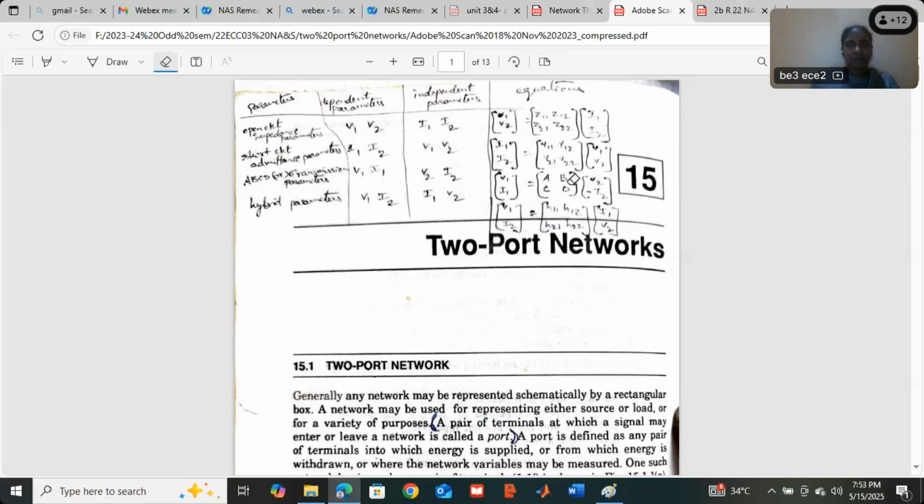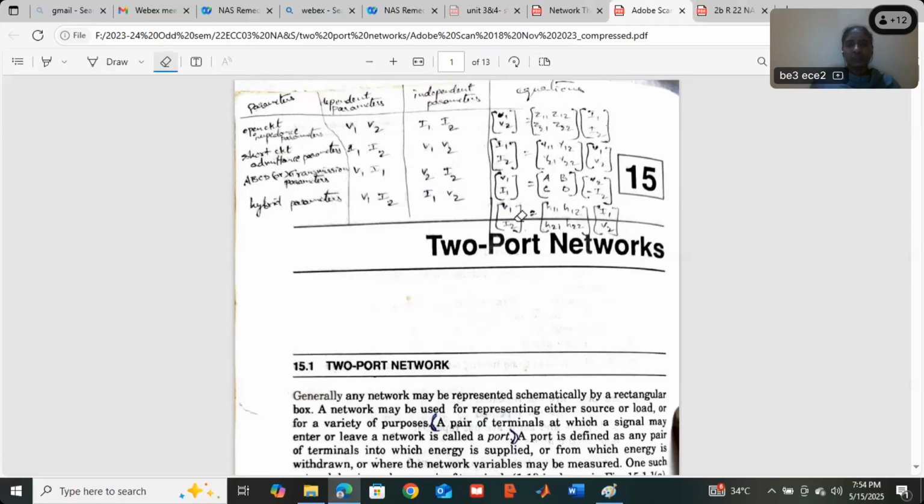Then the second equation, I1 equals this row into column: C into V2 minus D into I2. This is the third parameter, transmission parameter, the other name is ABCD parameter.